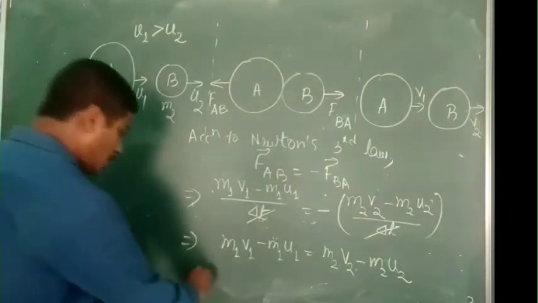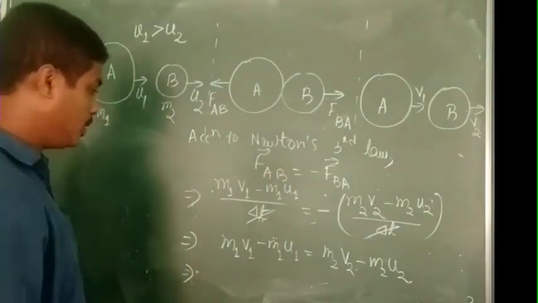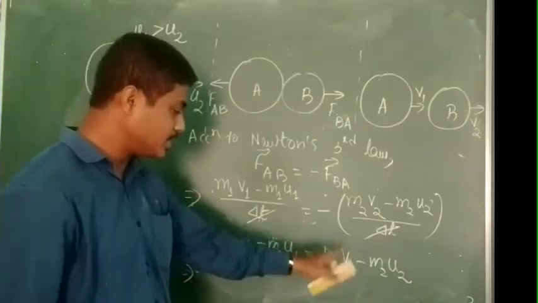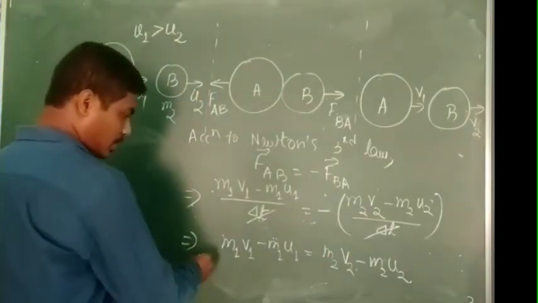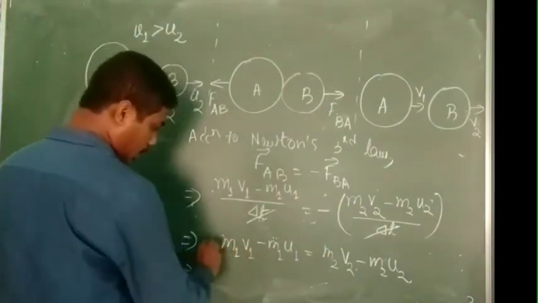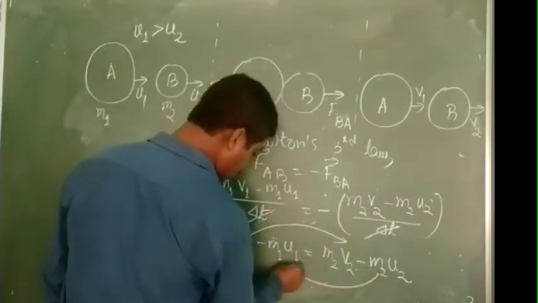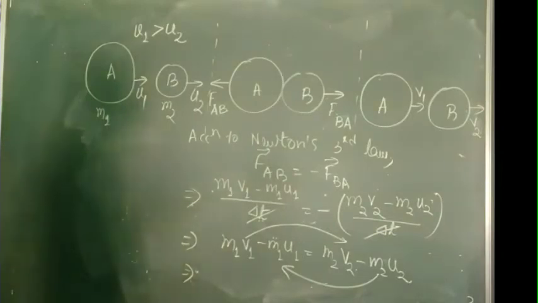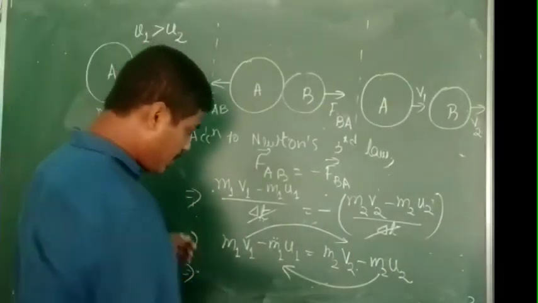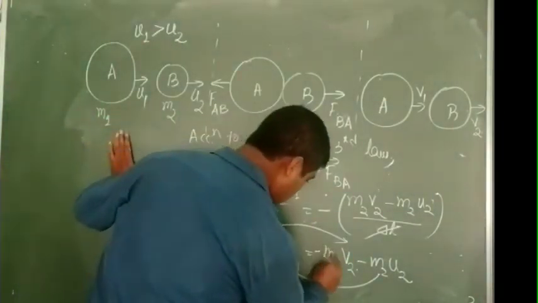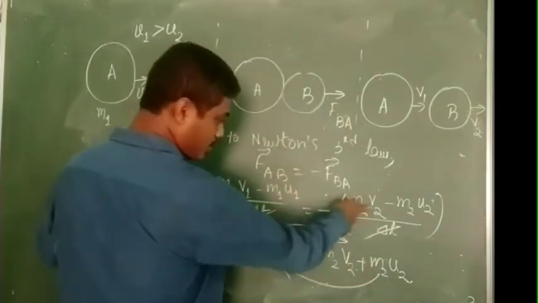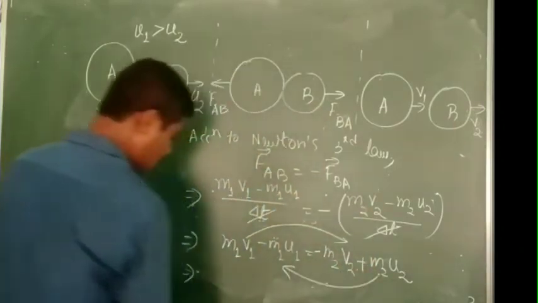Next step, I will interchange the positions. This one I will put on this side and that one on the other side. Let us see what I get. Sorry, I made a mistake. This should be minus, this should be plus, because this minus will be separated.